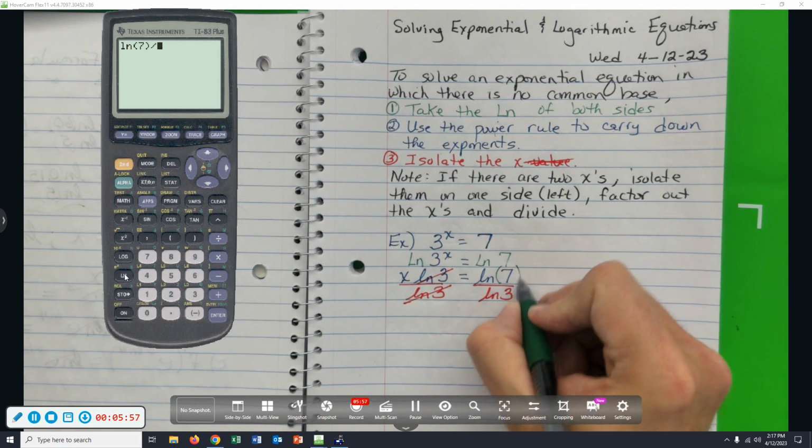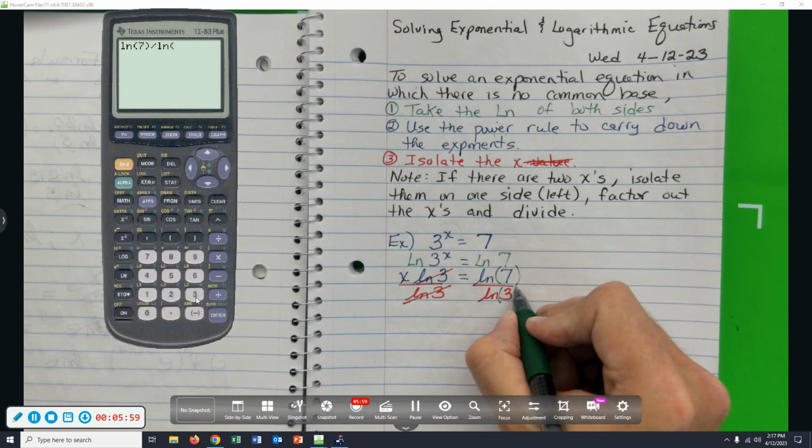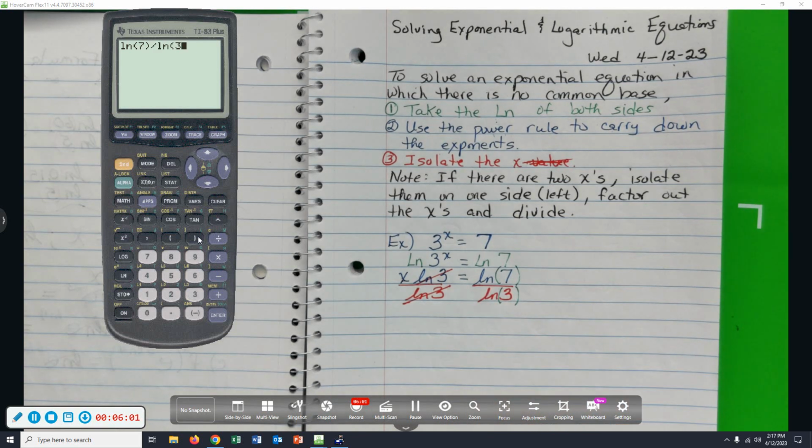Divided by ln, you punch in the 3, close the parenthesis. I remember the old TI-81 did not open parentheses. The 85 didn't either. Okay, but most other TIs, when you press ln, it's going to open a parenthesis. You type in the argument, close the parenthesis.